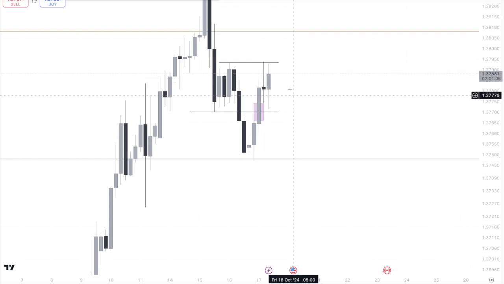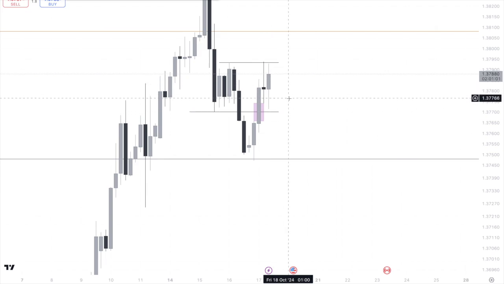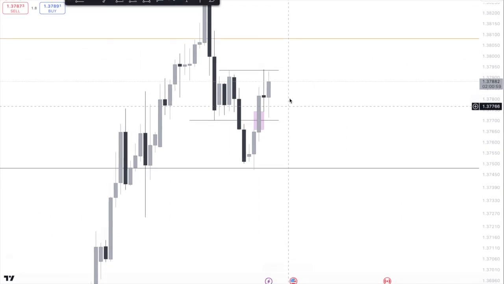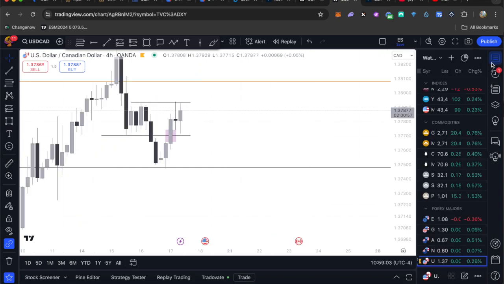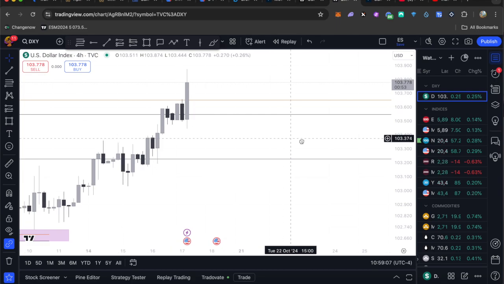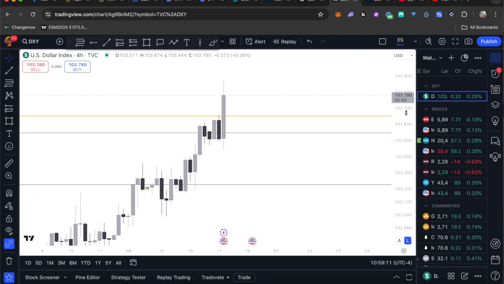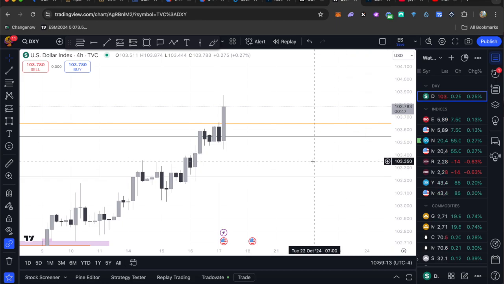But yeah, the reason why this one might not be great is because on the DXY, there's actually no 4 hour PD array, at least. I always look for a 4 hour PD array that DXY can continue off of, even if it looks to be quite clean, which it does.